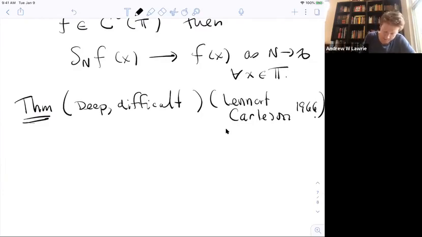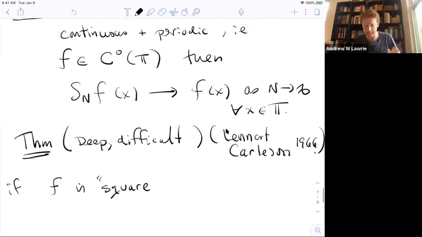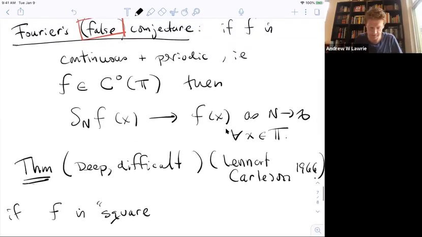So Carleson proved if f is square integrable, so he relaxed the condition of... okay. So let me phrase this slightly differently. So Fourier's conjecture is false.